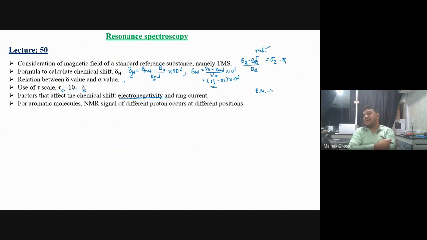And what I have discussed is that if you have lower electron density, then you will have very little shielding. If shielding is very little, the shift will be called a downfield shift. That means a higher delta value.